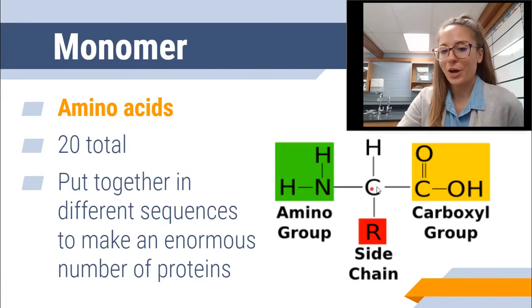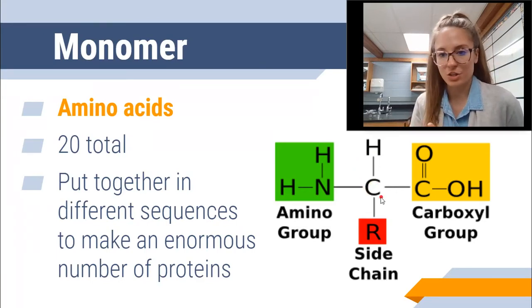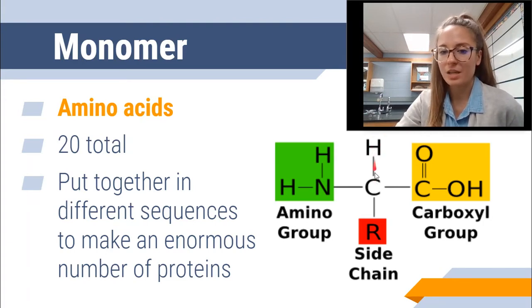So we always start with a carbon located in the center. Attached to that carbon are three groups that are the same for all 20 amino acids. The first is just a hydrogen. It's just chilling off of one side of the carbon. Off of another side, we have something called an amino group, hence where we get the name amino acids.